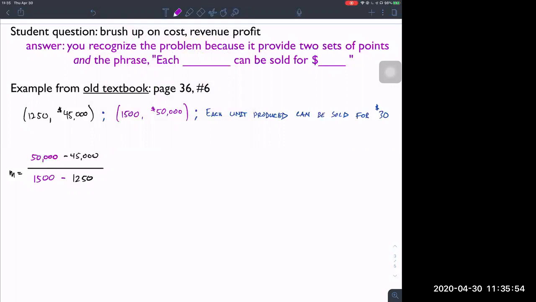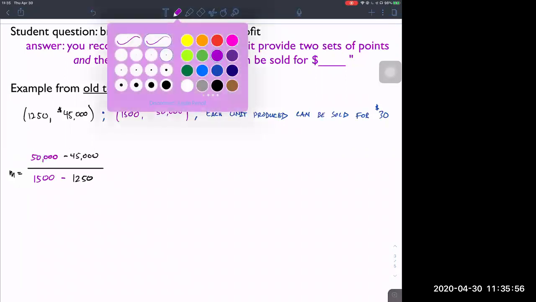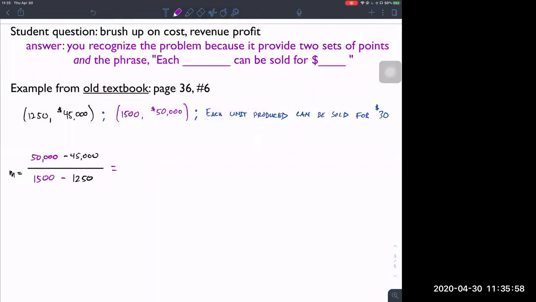Once someone gets that, let me know what that is, please. $5,000 over 250.